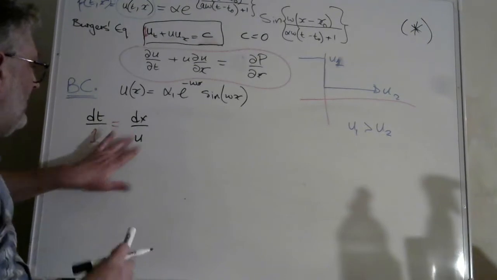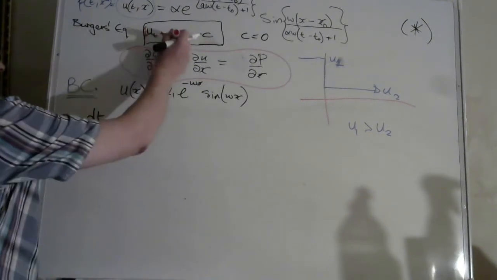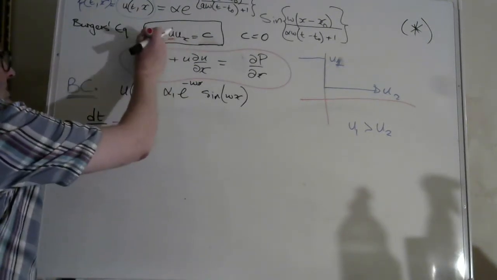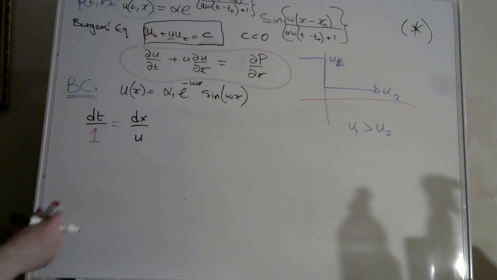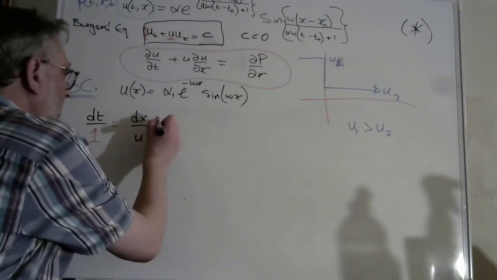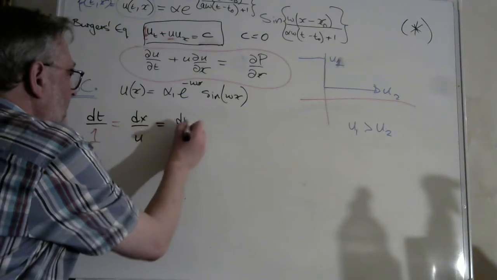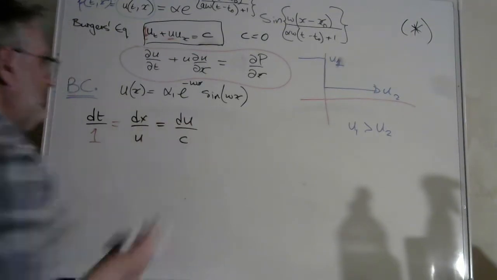So let's just highlight that. So the coefficients of u. So the coefficient of 1, coefficient of u, and that is equal to du over a constant.